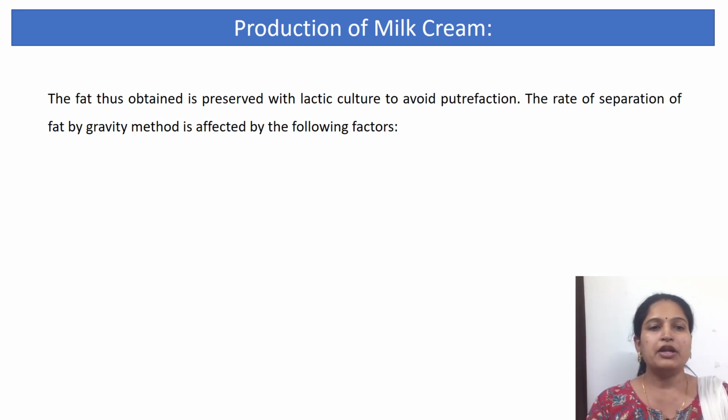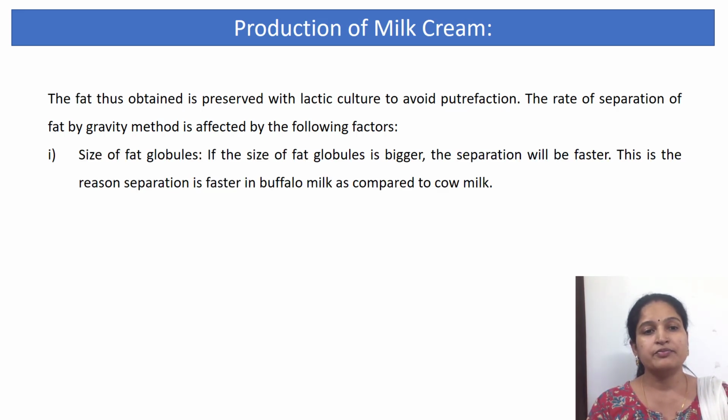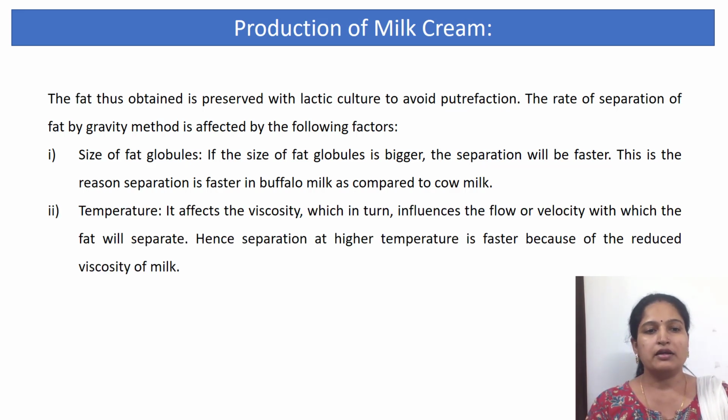So the rate of separation of fat by the gravity method is affected by the following factors. First, the size of the fat globules. If the size of the fat globules is bigger, the separation will be faster. So this is the reason separation is faster in buffalo milk as compared to cow milk. The second factor is the temperature.